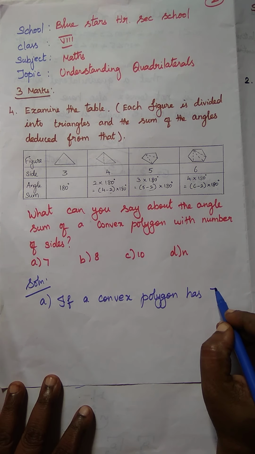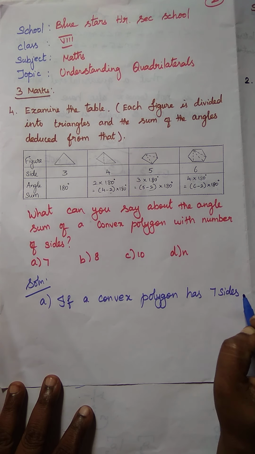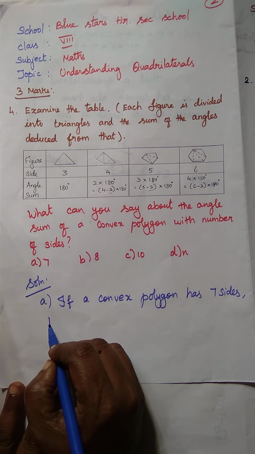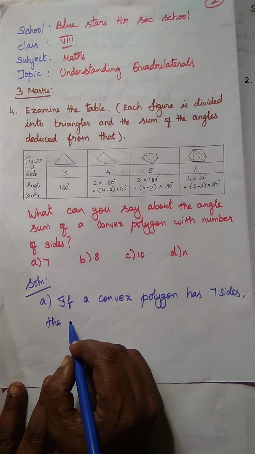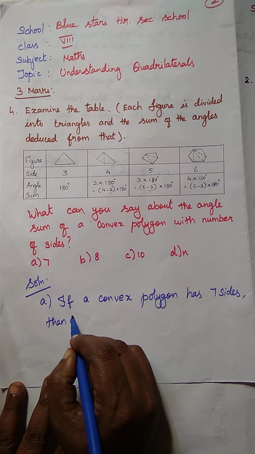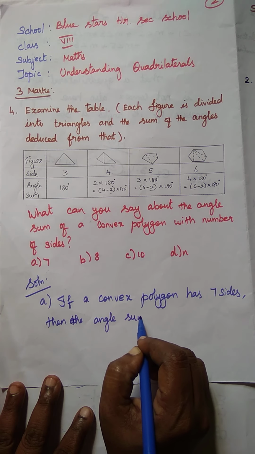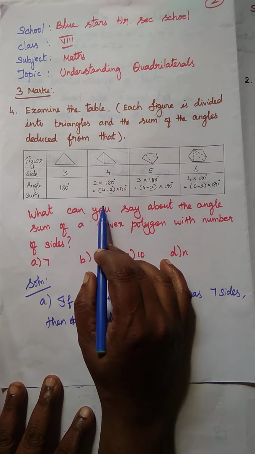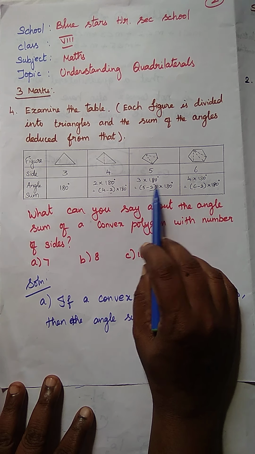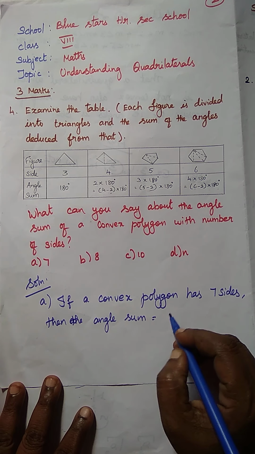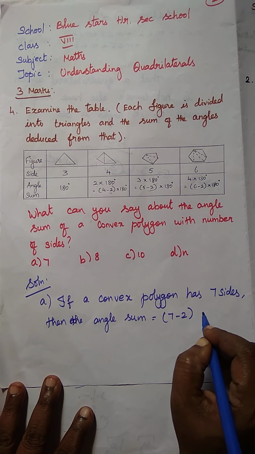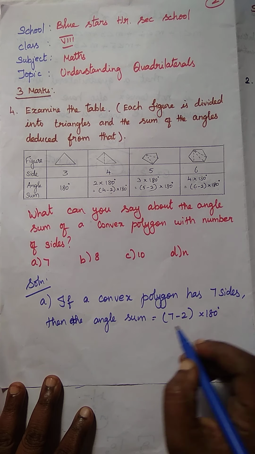So 7 sides. Then we want to find the angle sum. The angle sum in the general form is number of sides minus 2, so here 7 minus 2 into 180 degrees.